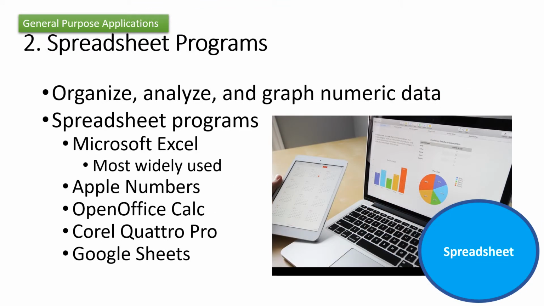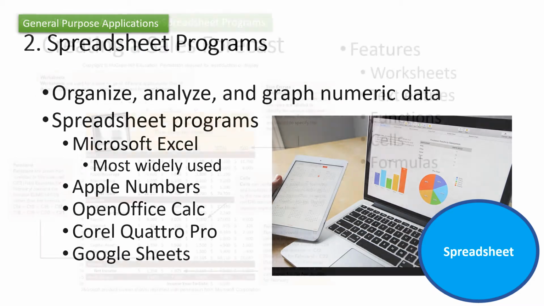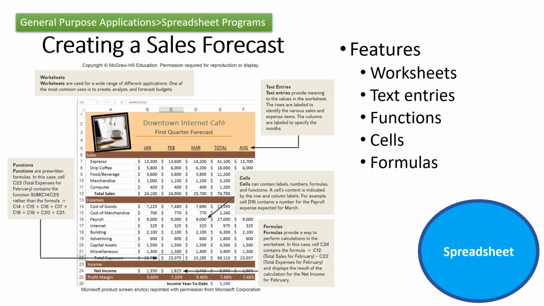Remember there are 5 general purpose applications, and the second one is spreadsheet. The very famous spreadsheet is Microsoft Excel, and you can also have various types of spreadsheet programs created by other companies. We use spreadsheet programs to create, for example here, a sales forecast.